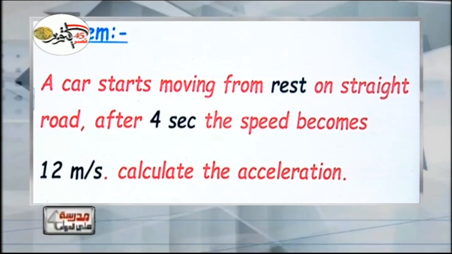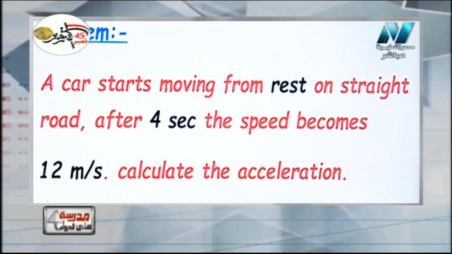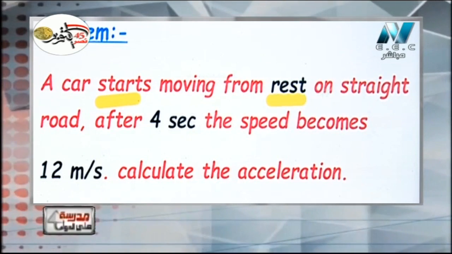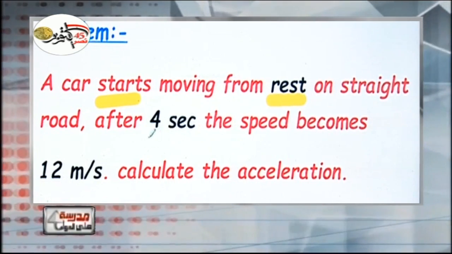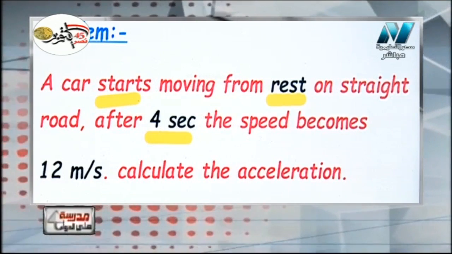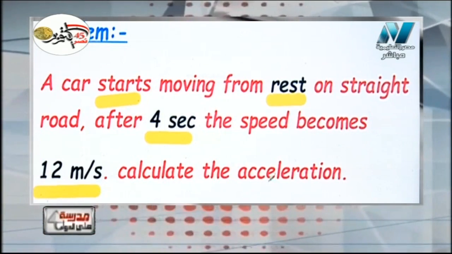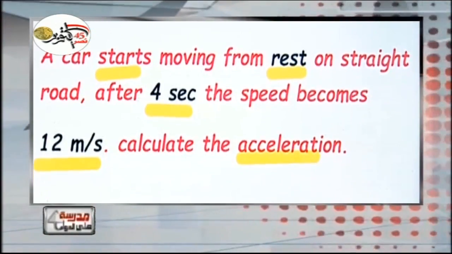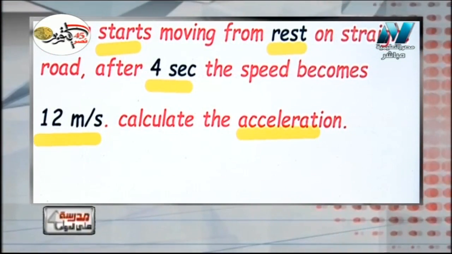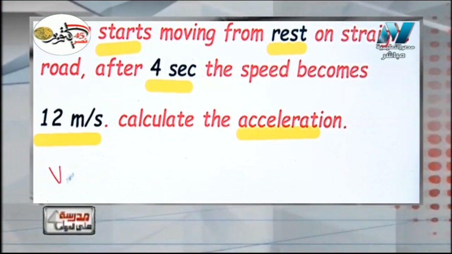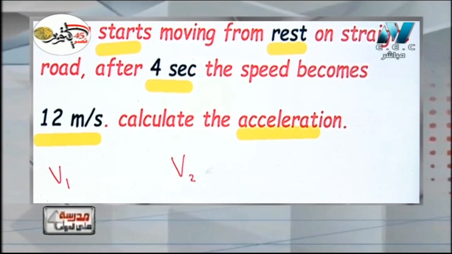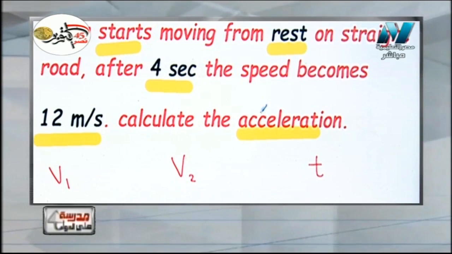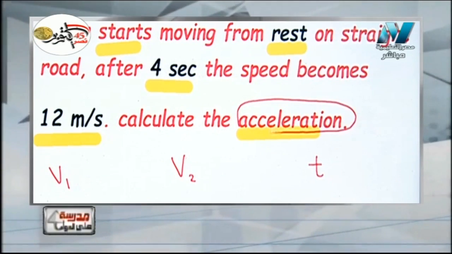Next, we have a problem: a car starts moving from rest on a straight road, and after 4 seconds the speed becomes 12 meter per second. Calculate the acceleration. Here we write the givens: V1, V2, and T, because the question asks about the acceleration.